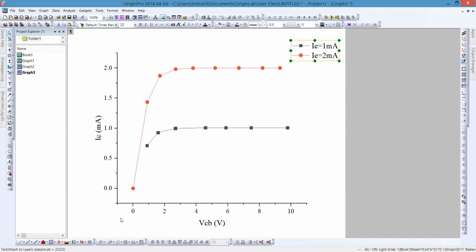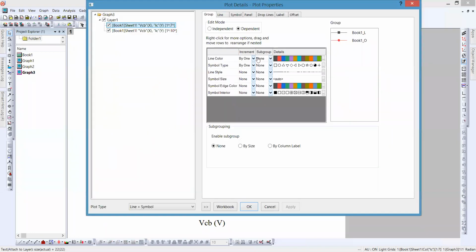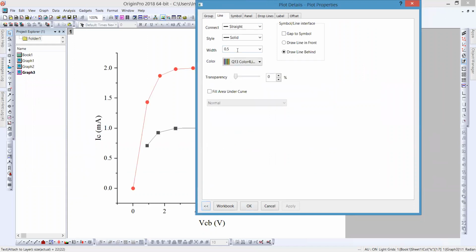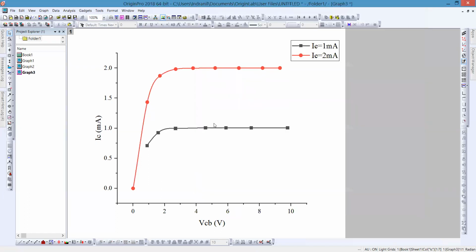The current is increasing at 0 voltage, and depending on that, there will be some linear and non-linear region, and there will be some saturation region. If we keep increasing the collector current, you can say what the different sets of data will be. This will be the smooth variation of the output current in common base mode.